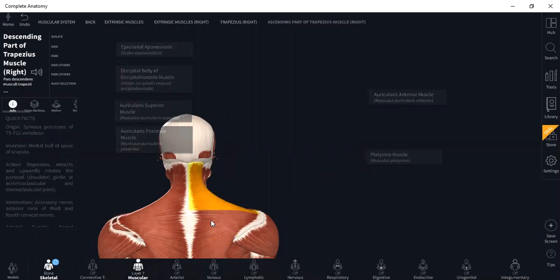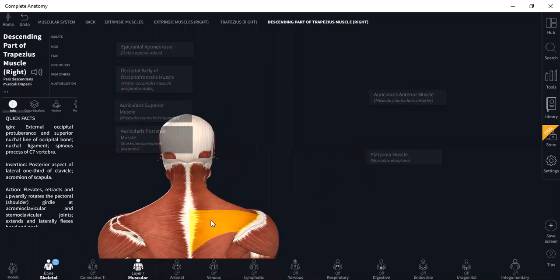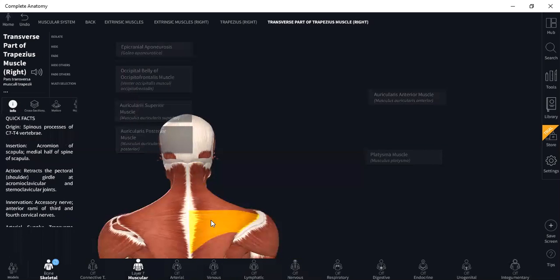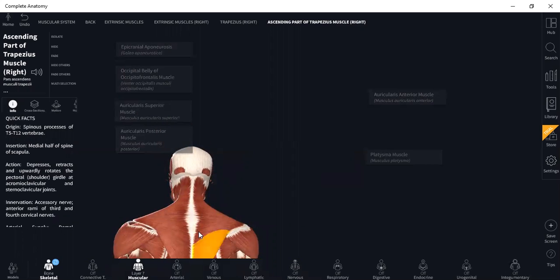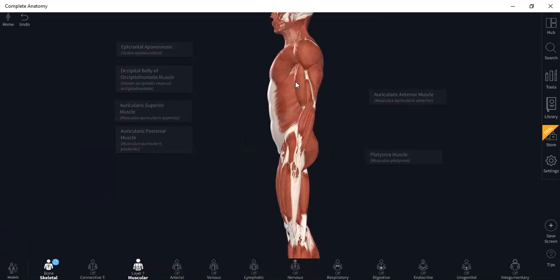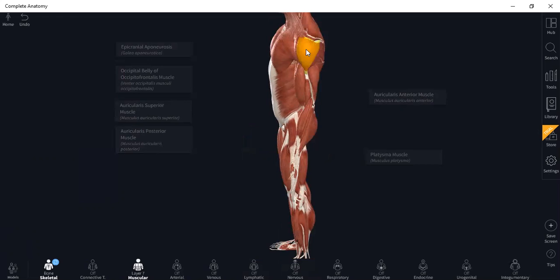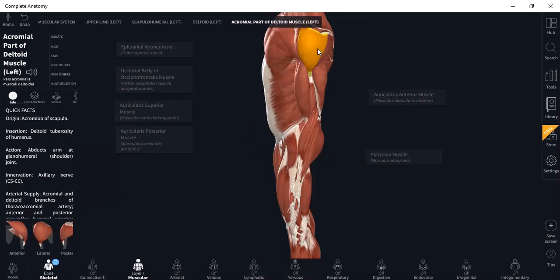Upper, middle, and lower. So all of these are parts of the trapezius muscle. The deltoid muscle will flex the arm forward, extend the arm back, as well as abduct the arm away from the body.